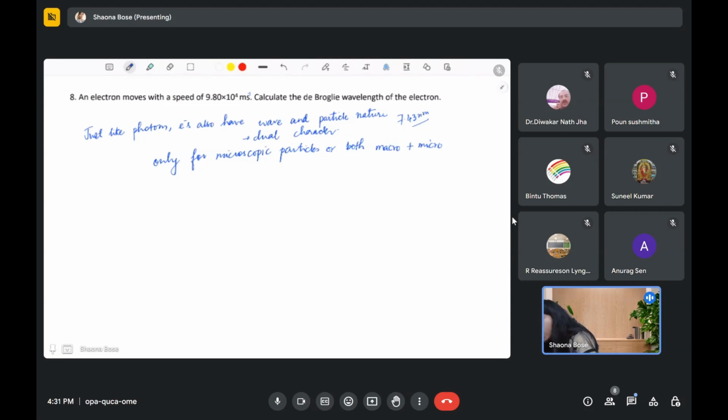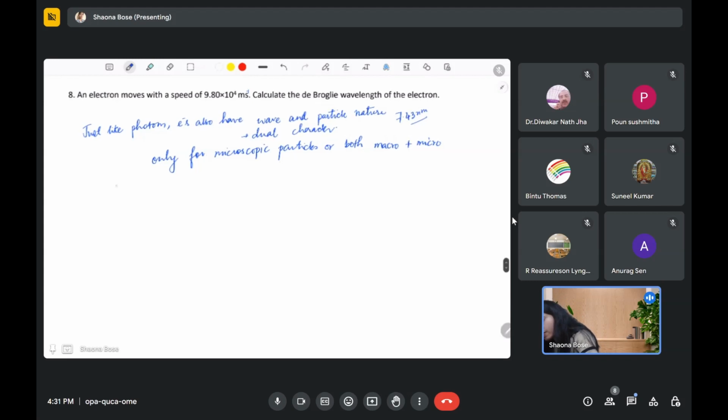So according to de Broglie, wavelength is equal to h by mv, which is the momentum, rather the linear momentum of a particle, right? So from here, what is the wavelength of the electron mentioned? Let's see.